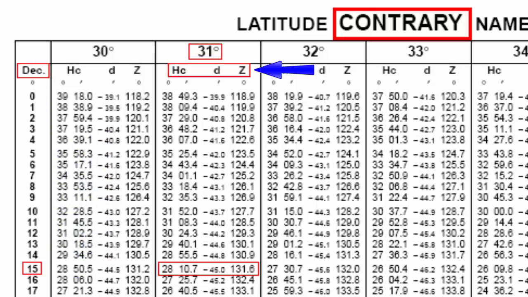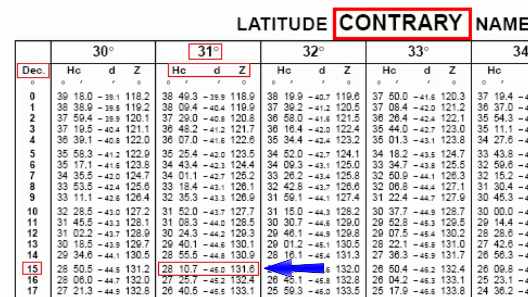So we're coming down that column to the 15-degree line, and I look at the top here under 31 degrees latitude, and I see HC, D, little d, and Z. And little d is simply the difference between one line to the next. So on the 15-degree line, I see my HC is 28 degrees 10.7.